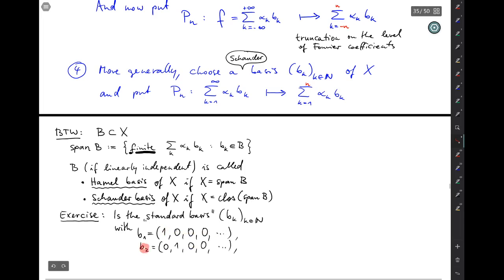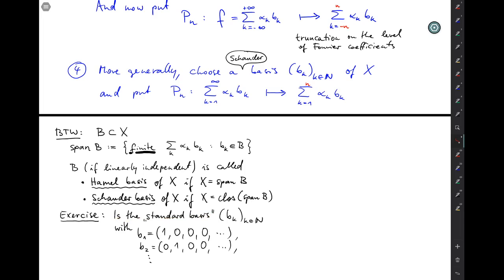The second basis element has 1 at the second position and 0 everywhere else, and so on. So is that what we call the standard basis? A Schauder basis or a Hamel basis of your space X?